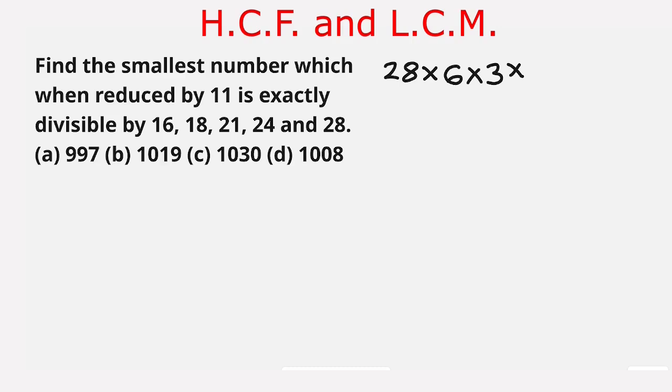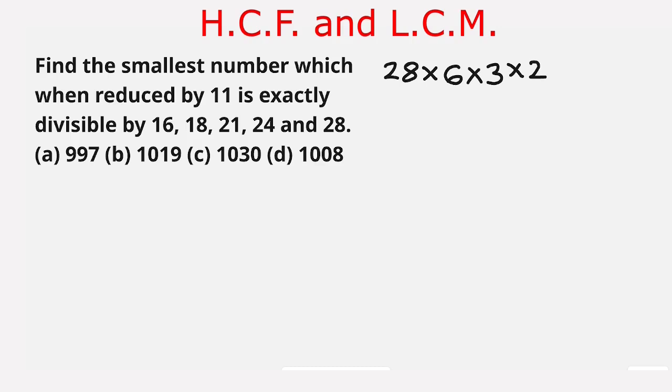16 is 2 to the power 4. 2 to the power 2 is in 28 and one 2 is in 6. So this is 2 to the power 3. So we have only to multiply one 2 to it to include 16 in these products.